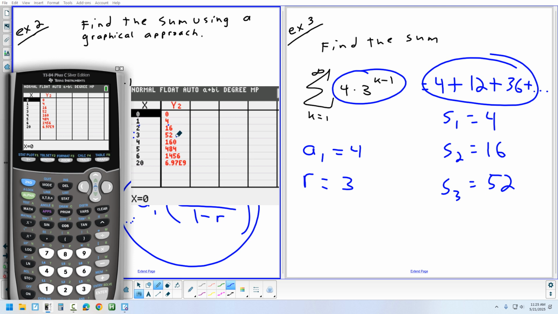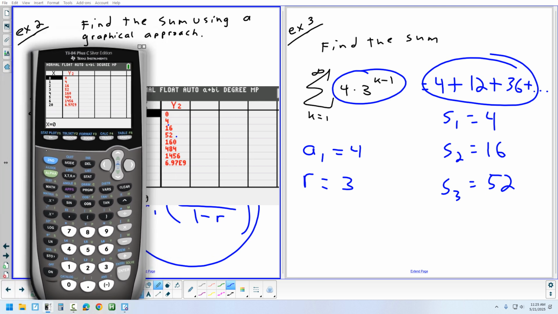So now I want to look at what happens if I keep going. If I add up the first 4 terms, first 5 terms, 6 terms, first 20 terms. What's happening to my sum in this case? Yeah, my sum is approaching infinity.